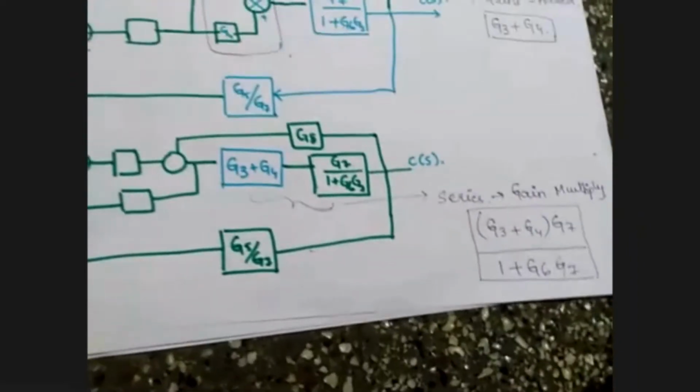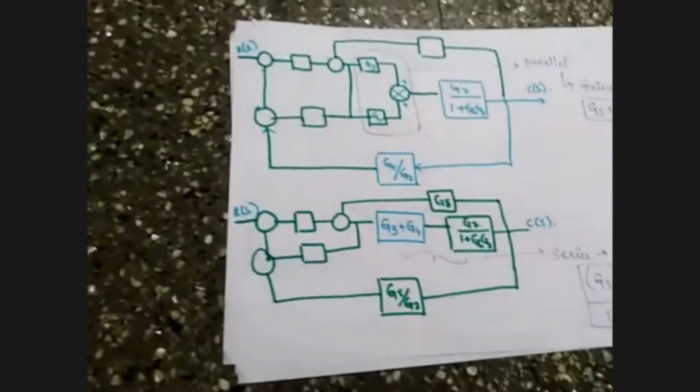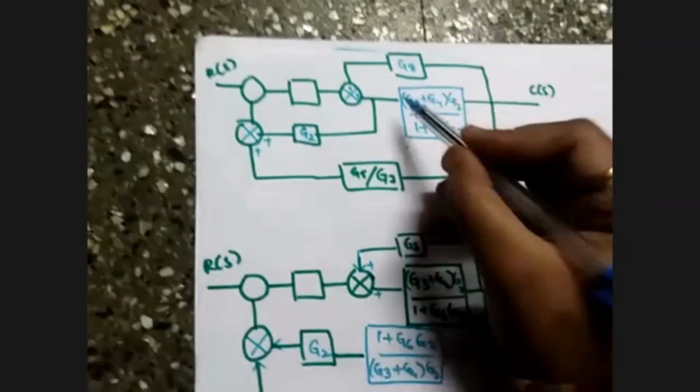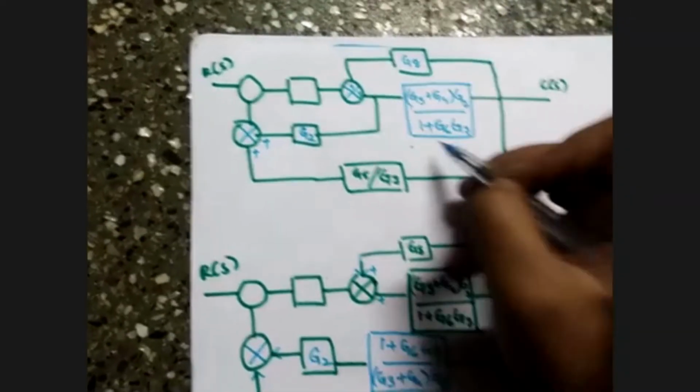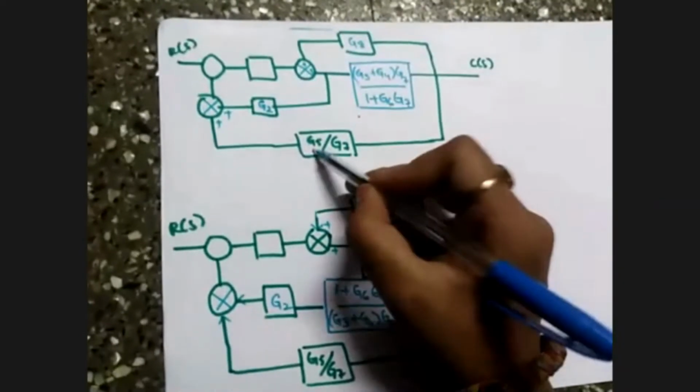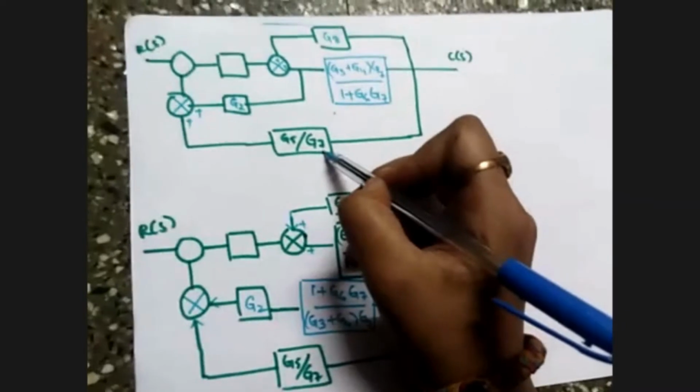This is the new gain. So if you replace them, the figure will appear like this. This is the new gain, G3 plus G4 into G7 by 1 plus G6 into G7. And this is G5 by G7.